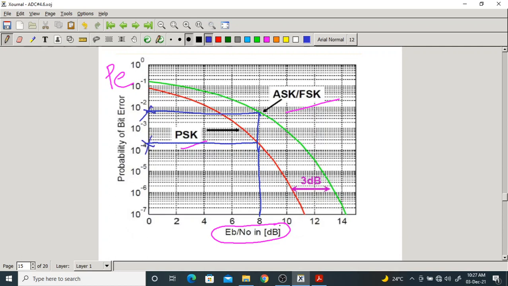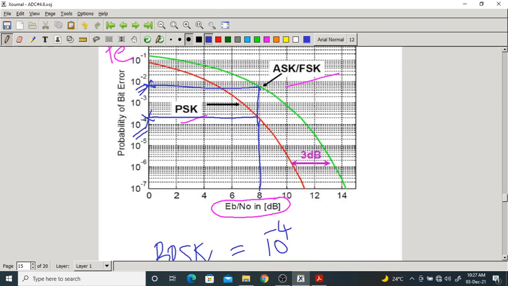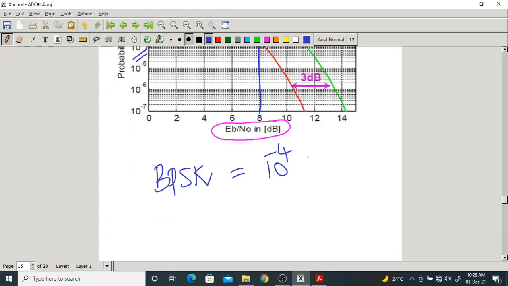For the same EB by N naught, the probability of error of BPSK is around 10 power minus 4, and the other is around 10 power minus 2. I am taking approximately. It may not be exactly 10 power minus 4 and 10 power minus 2. So what do you mean by this?